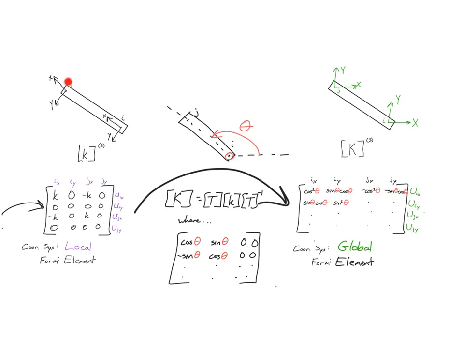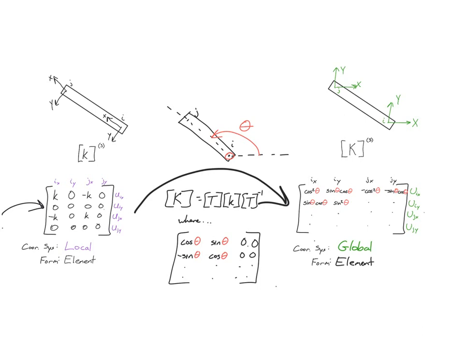And we shifted from our local coordinate system, where the x is along the axis of our member, to global coordinate systems where our x and y are based on the global coordinate system, hence the name. All right, and we had this transformation that occurred in the middle, which we used to figure out our theta, so we could do that shift from the local to the global. All right, so now we need to bring things together.